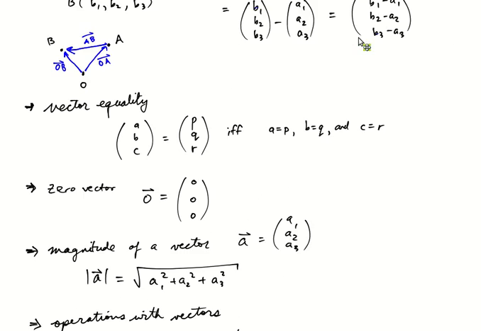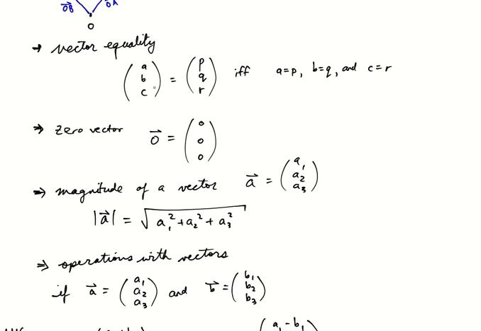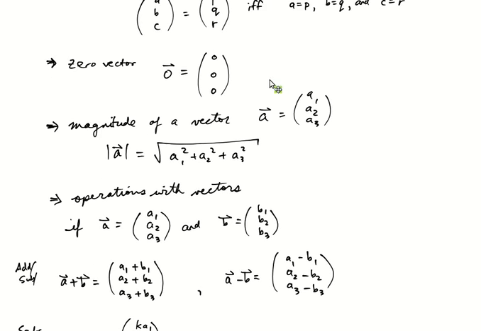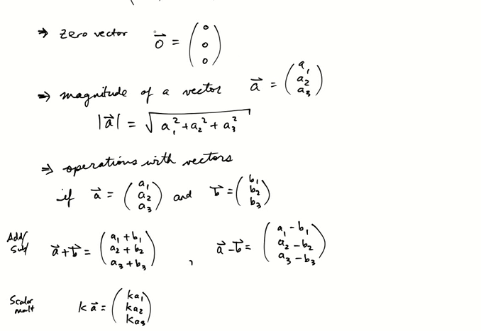All right, vector equality also stays the same. Okay, if this vector is equal to this vector, then we know that their components must be equal. A must be equal to P, B must be equal to Q, C must be equal to R. Okay. For the zero vector in 3D, we also have the zero vector described in three components.